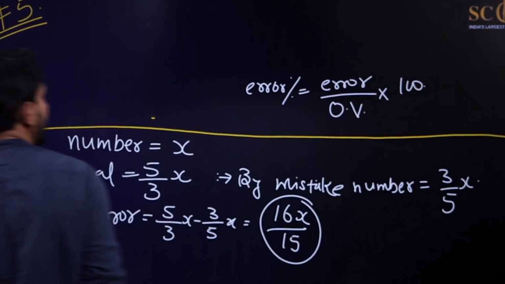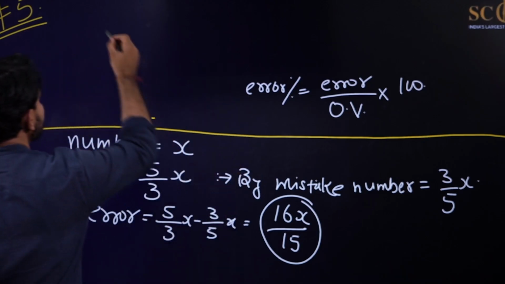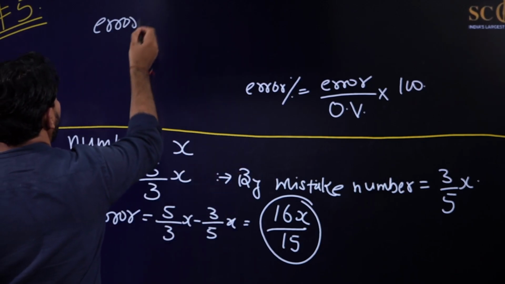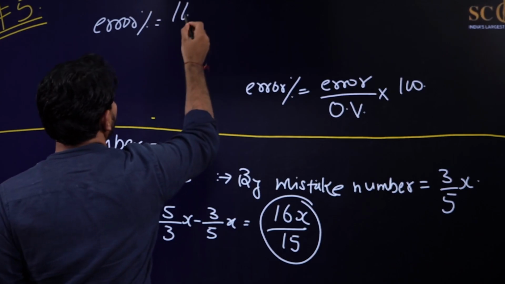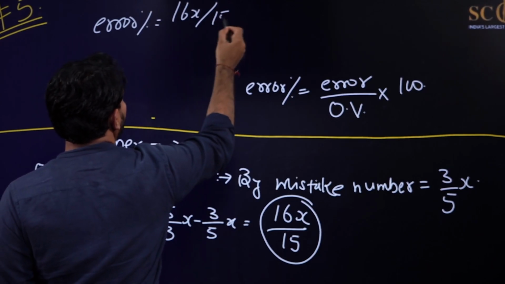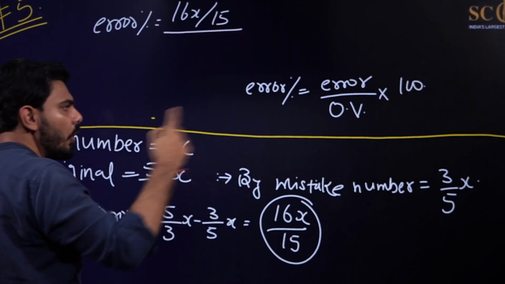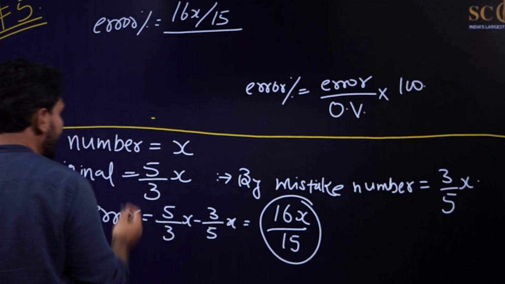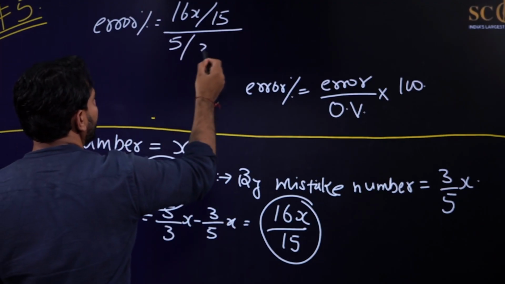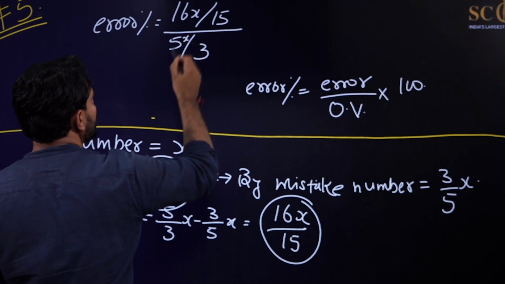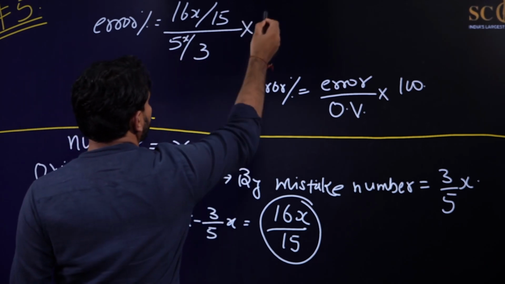So now, my dear agents, error percent is equal to error. What is the error? It is 16x upon 15. And my dear agents, what is the original value? Original value is 5 by 3x, multiplied by 100.